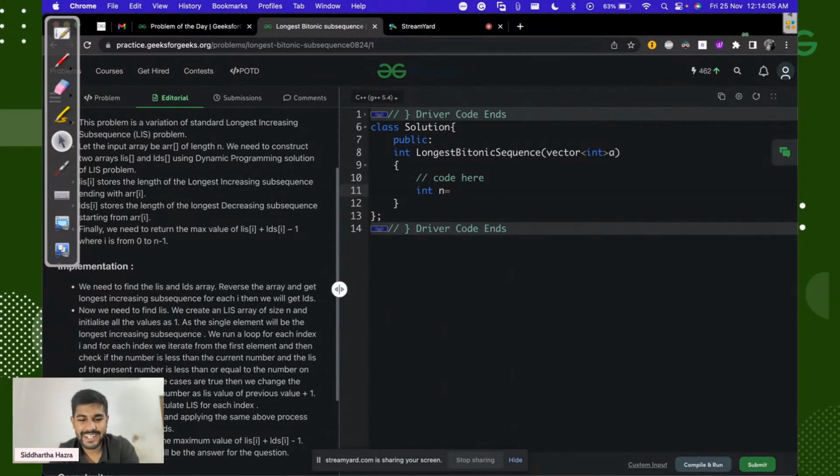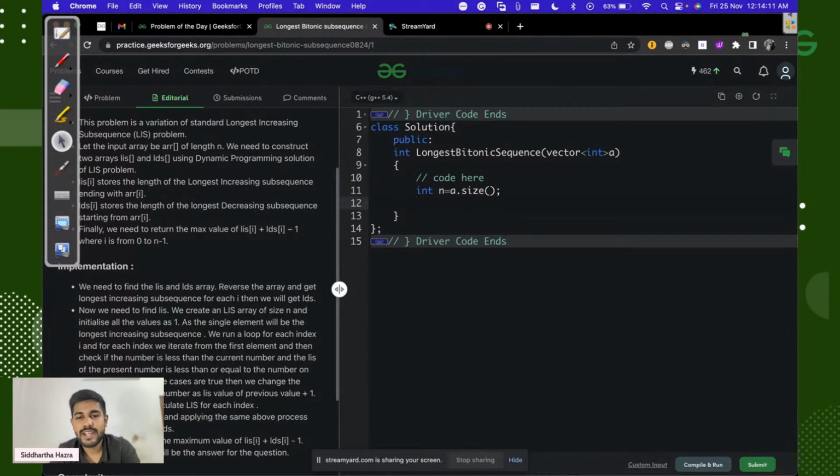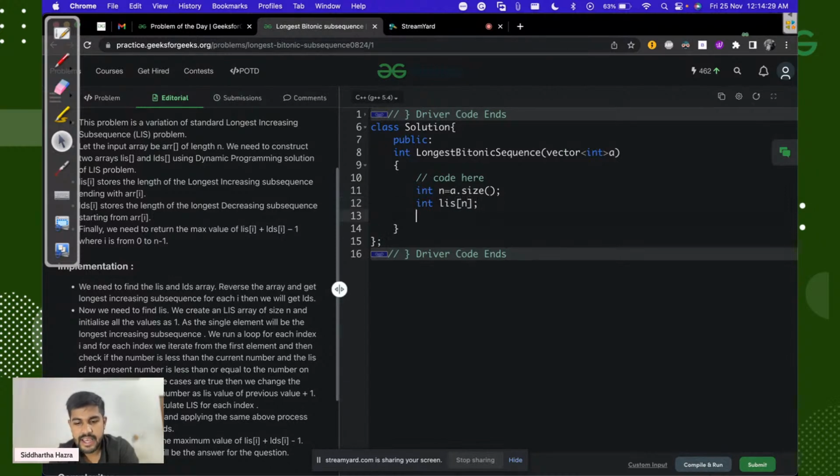So int n is equal to a dot size itself. Then I would have a vector of int. Let's have an array only. Int, longest increasing subsequence lis of size n, and then lis of 0 is equal to 1.